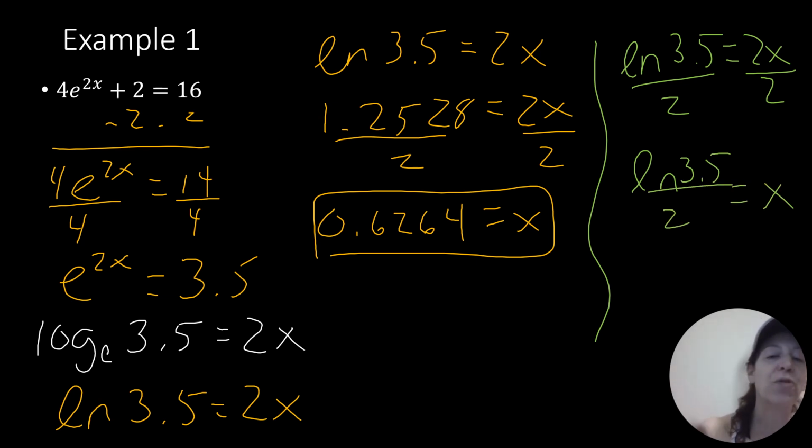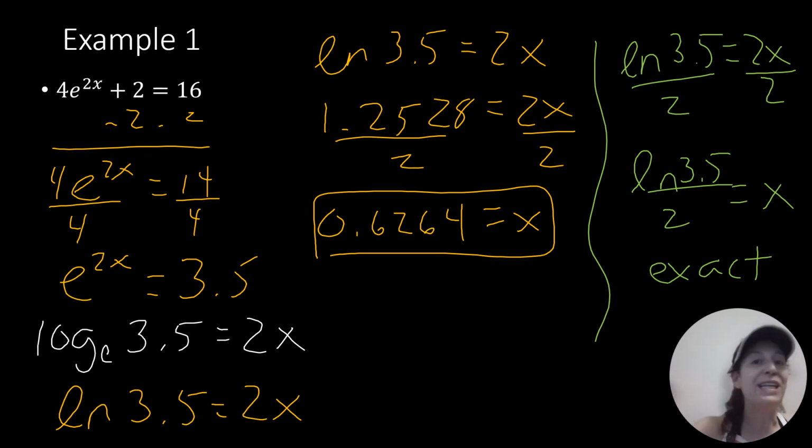So it's pretty much the same thing, except you don't evaluate the logarithm. You just leave the answer with the ln of whatever it is, and then you work the algebra around it. So you just say, okay, I'm just going to divide by 2. And then you can't divide 3.5 by 2 because the 3.5 is stuck inside that natural log. It's not 3.5 divided by 2.